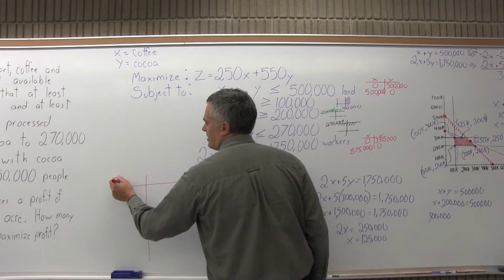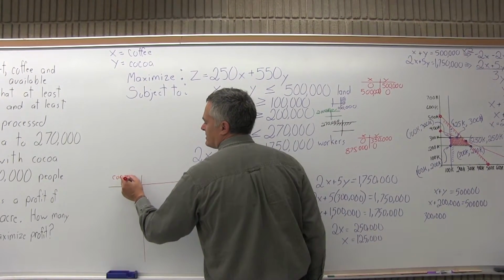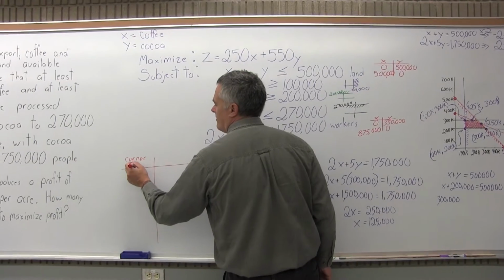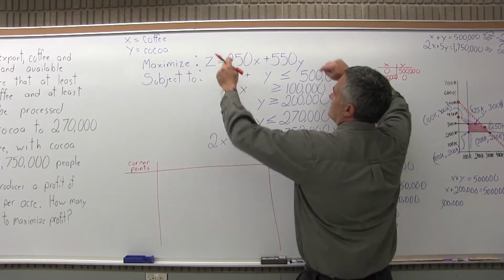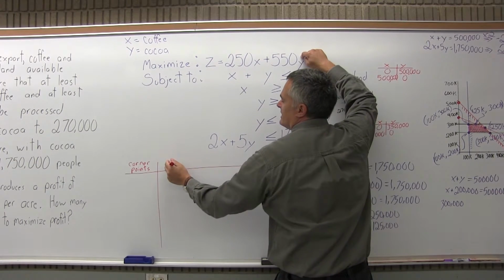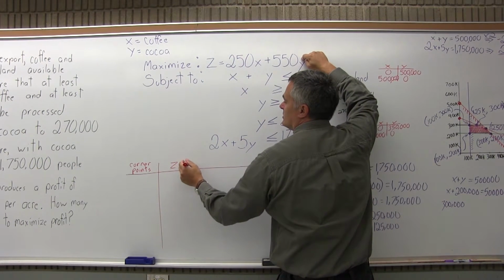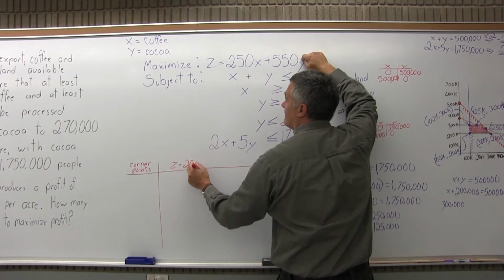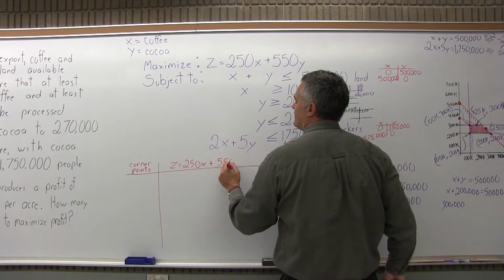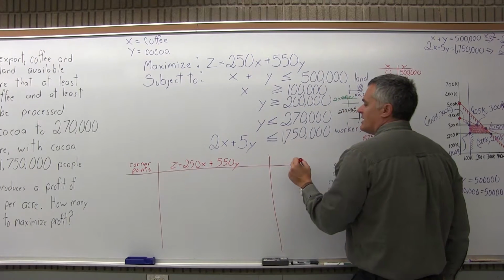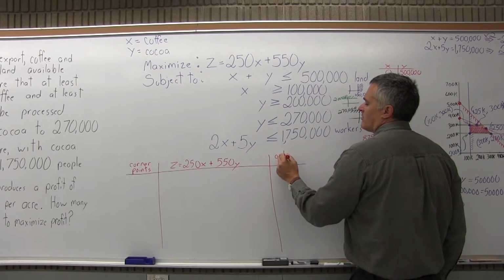So the far left column is for corner points. The middle column is for the object function, which for this particular problem is z equals 250x plus 550y. And the last column, the right column, is for output.